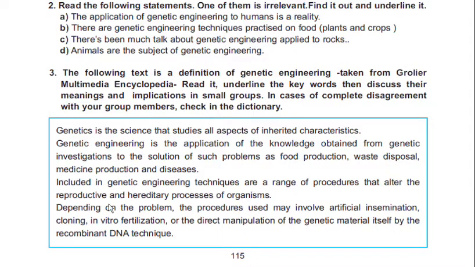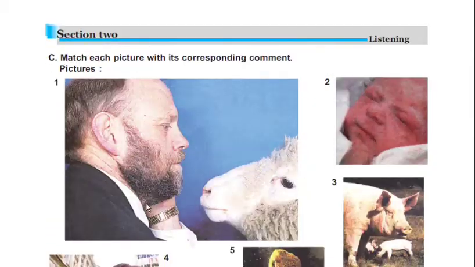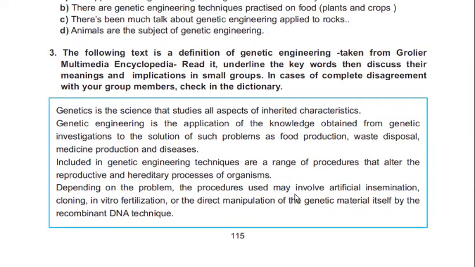Included in genetic engineering, there are many techniques, a range of procedures that alter, which means change, the reproductive and hereditary processes of organisms. Depending on the problem, the procedures may involve artificial insemination of animals or humans, artificially, not naturally.